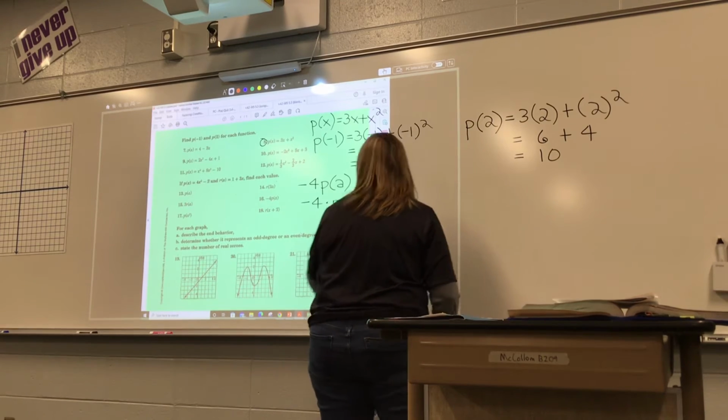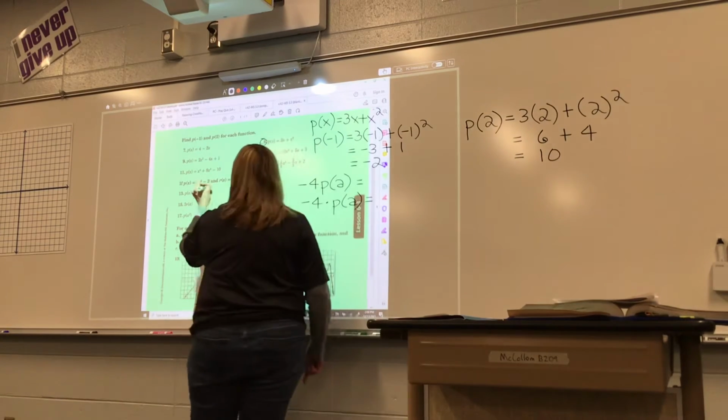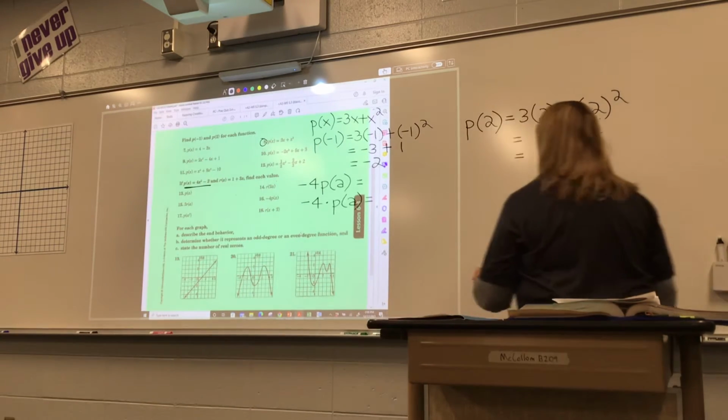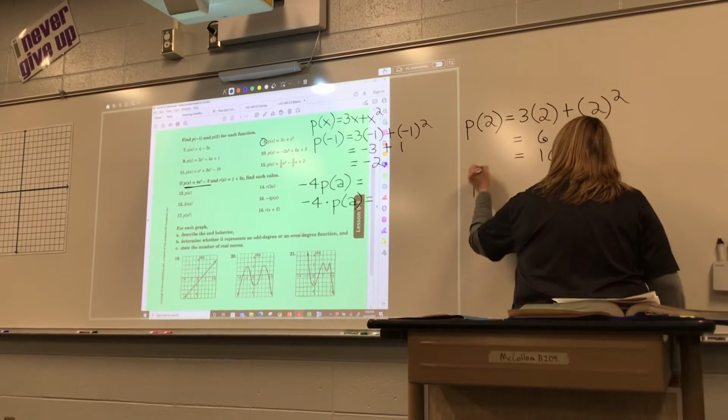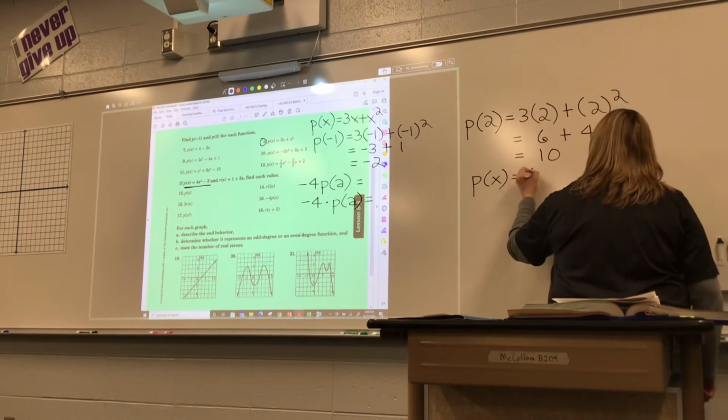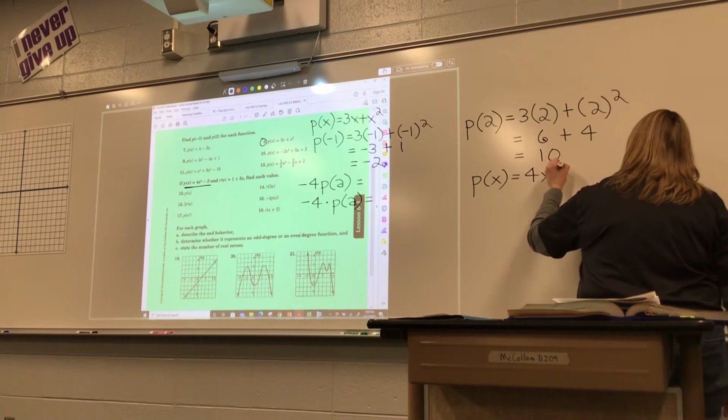And what you have to understand is the p function is right here. You see, p of x is given to us as 4x squared minus 3.